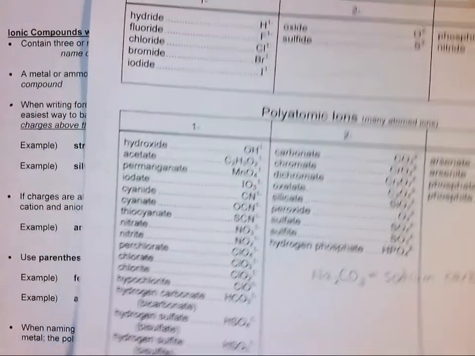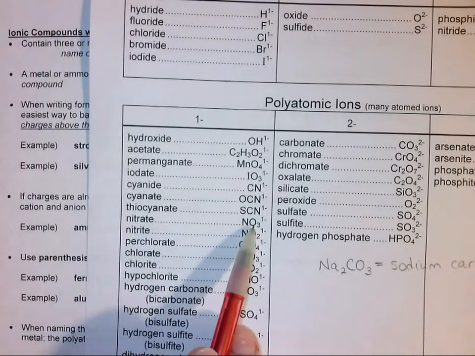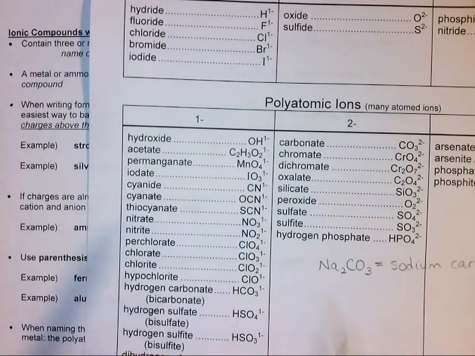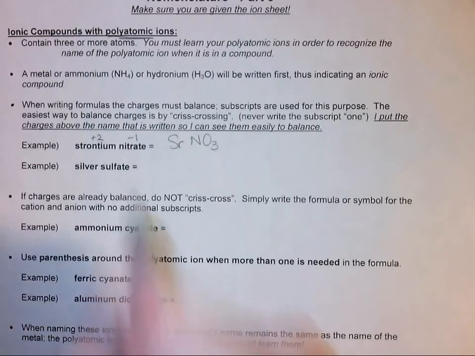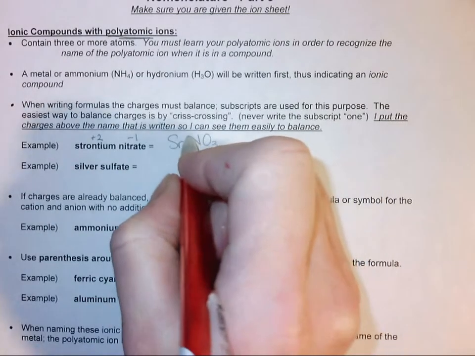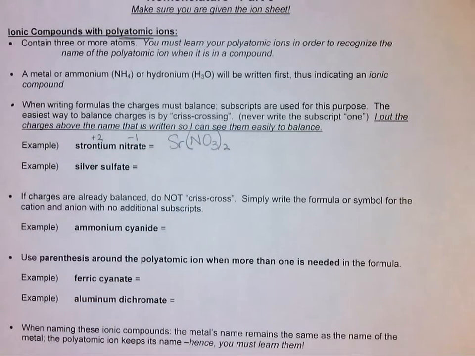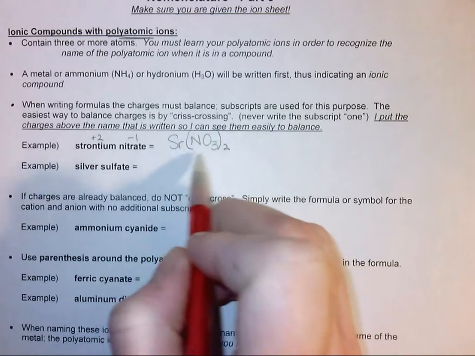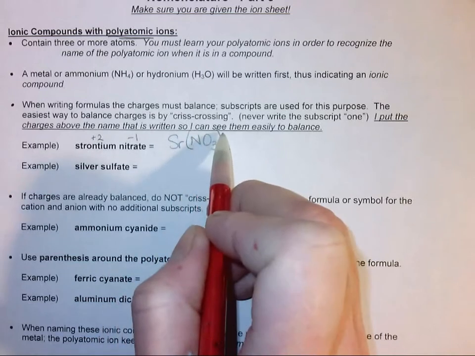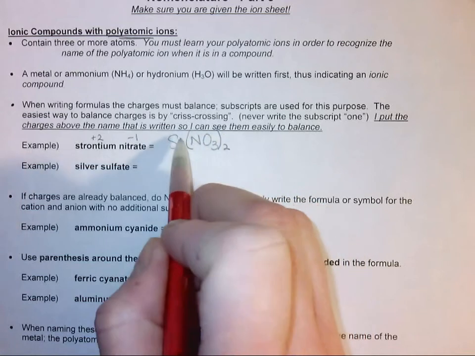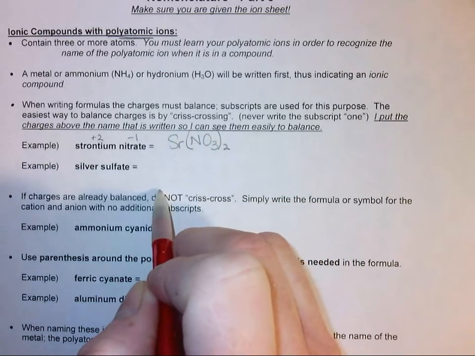Because I memorized it. Right here it is, NO3, and it has a -1 charge. How many do I need? I need 2. So Sr, NO3, parentheses 2. This 2 outside the parentheses means there are 2 nitrates, totaling a -2 charge to balance out the strontium with a +2.